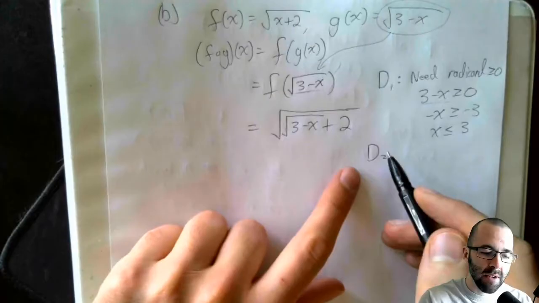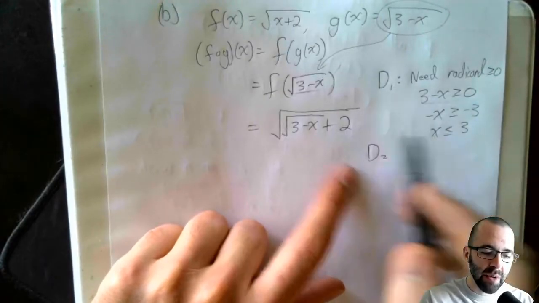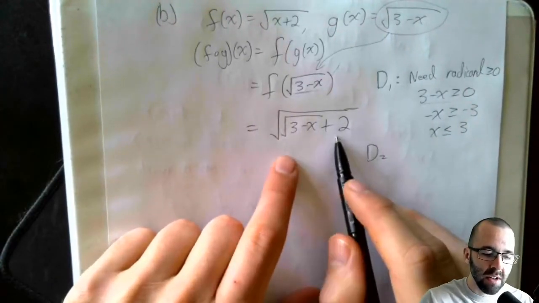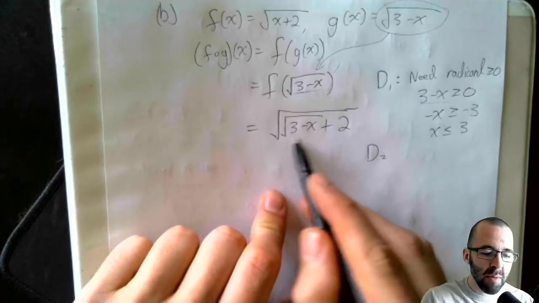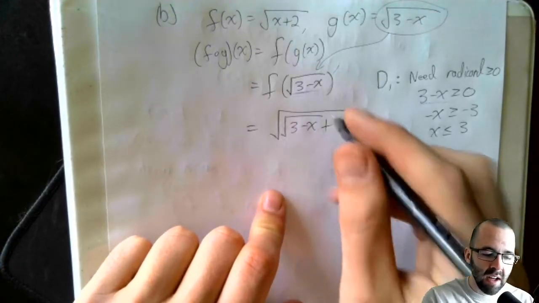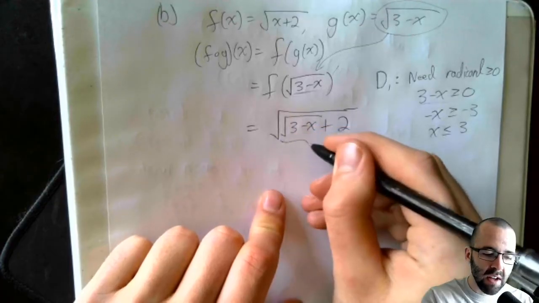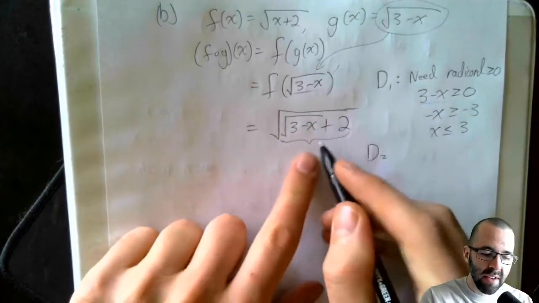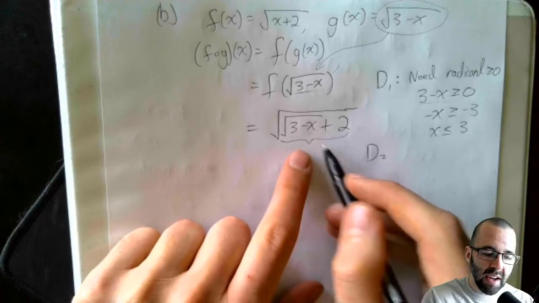So for our domain 2, our D2, we already found our D1. We need to look at the domain of this final function. So we still have the same restriction from before: x has to be less than or equal to 3 because of this. Now we have to look at this whole thing. Can this whole thing ever be negative?